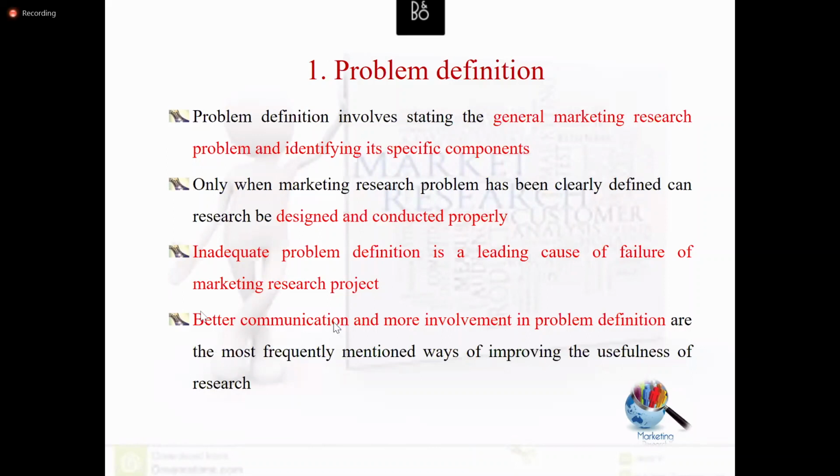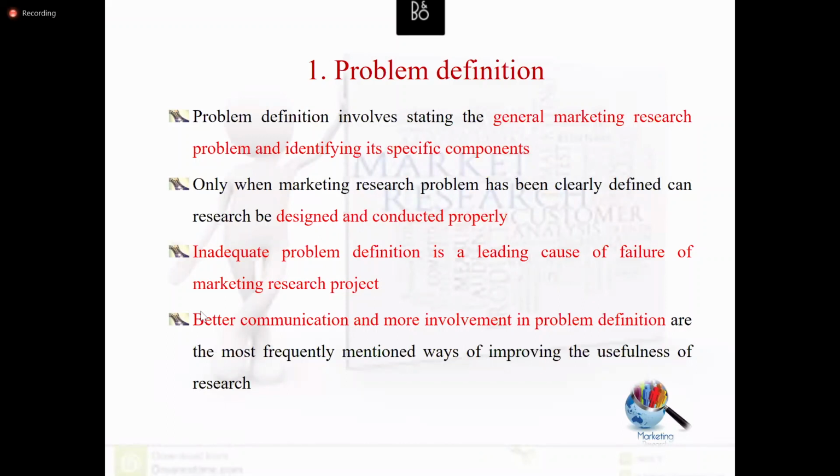And not only that, better communication and more involvement in the problem definition will help us, or will support us, in getting the usefulness of the research, right?